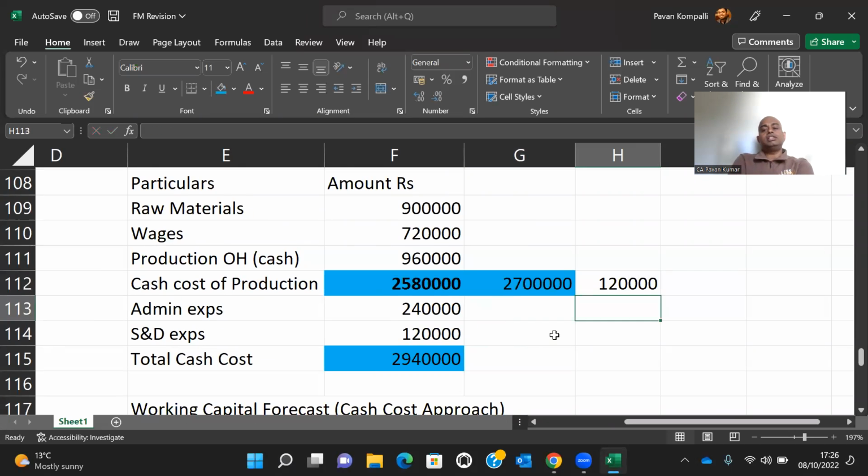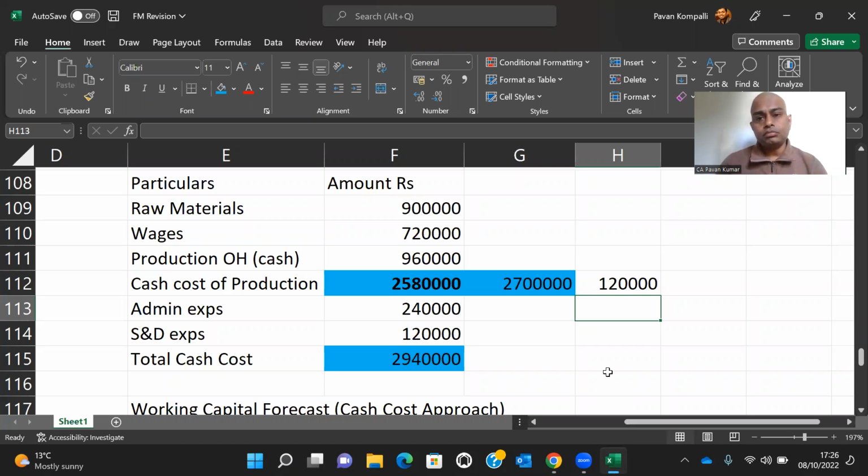That's all, ladies and gentlemen. In this question, if they ask you to also calculate hidden depreciation, you would do it like this. Sales, 36 lakhs, less gross profit 25%, 9 lakhs.